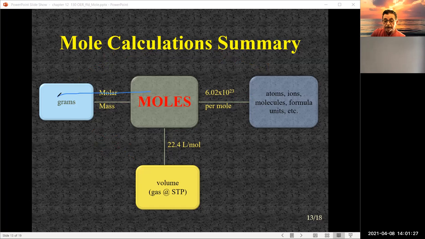I can go this direction, both directions. Or I can go that direction, but in both directions. And obviously I can go from here to here in both directions. It's not a one-way street. Not a one-way street. But the important aspect is I can't do any of this without going through moles. Moles is our common factor.